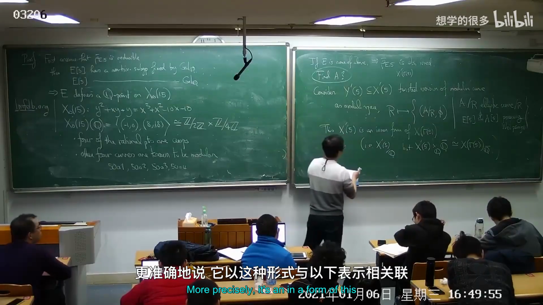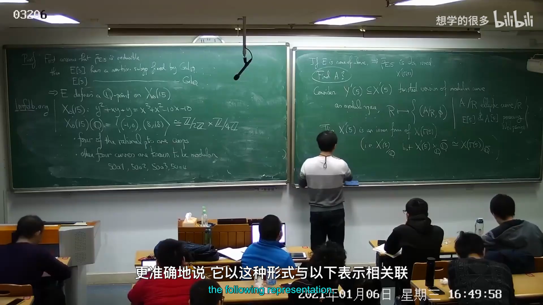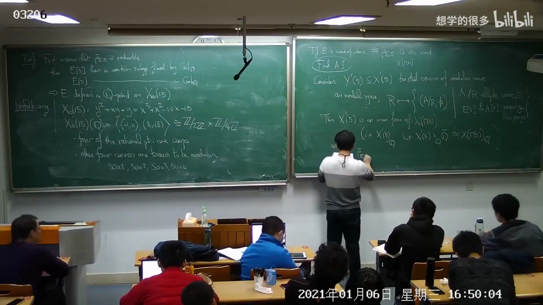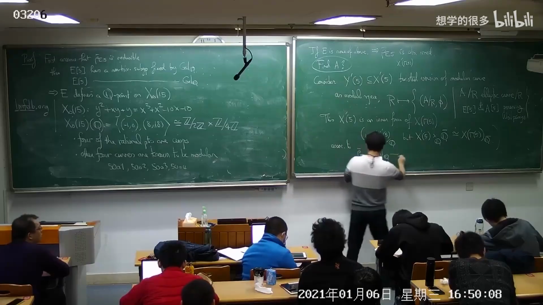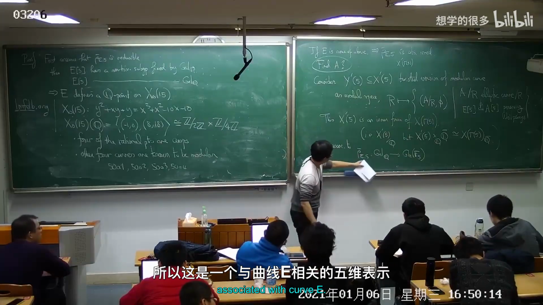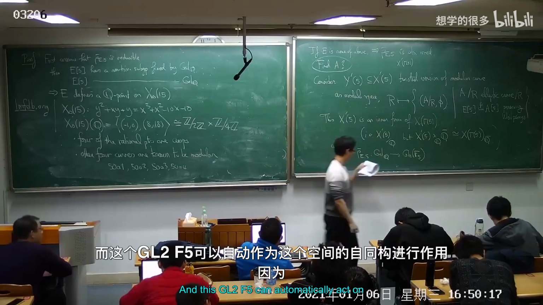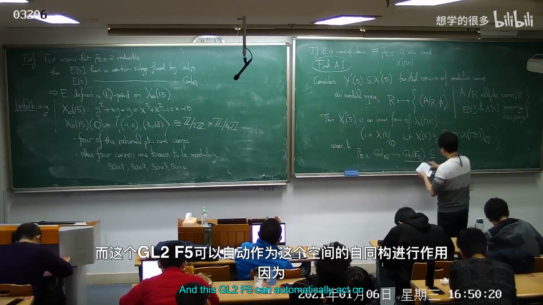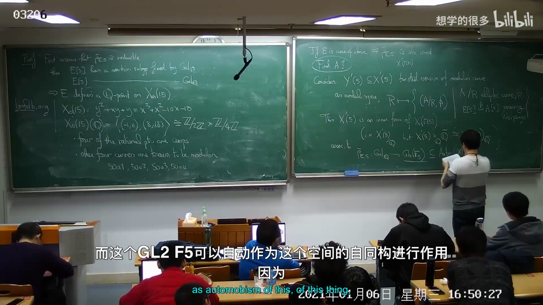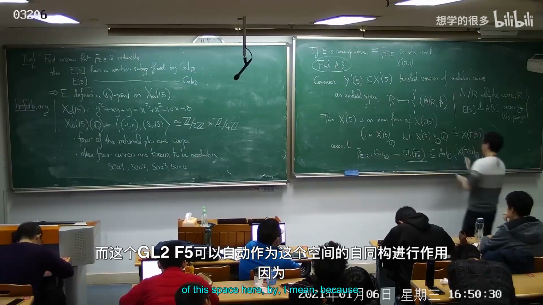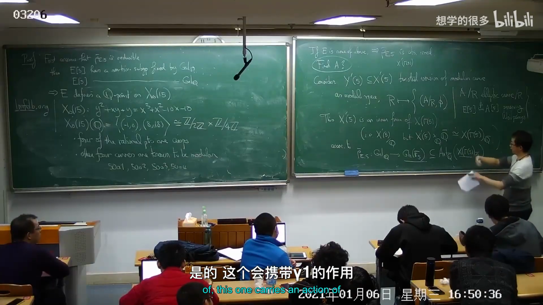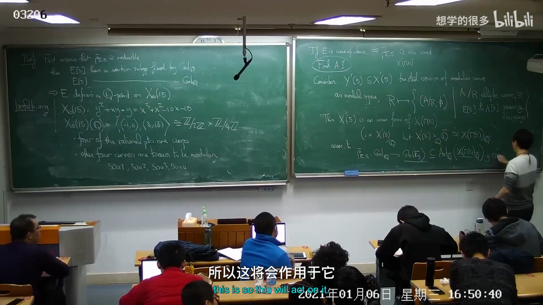More precisely, it's the inner form of this associated to the following representation: rho bar E5, the mod 5 representation associated with curve E. This GL2 F5 can act as automorphisms of this space, because this one carries an action of gamma 1 mod gamma 5 in some sense, so this will act on it.